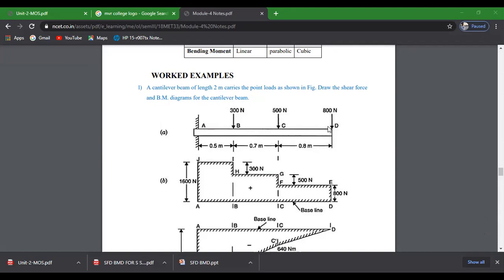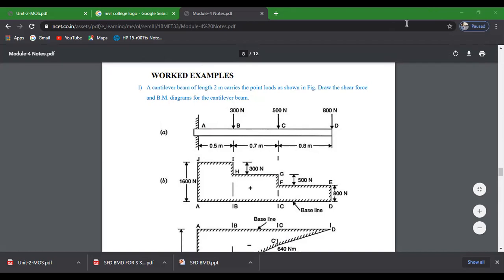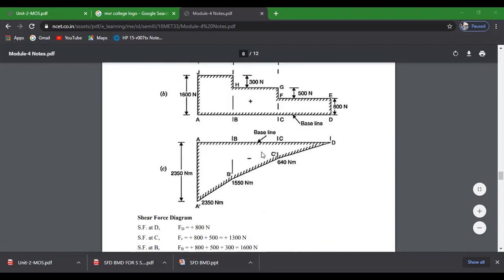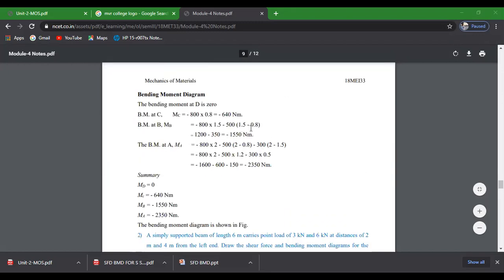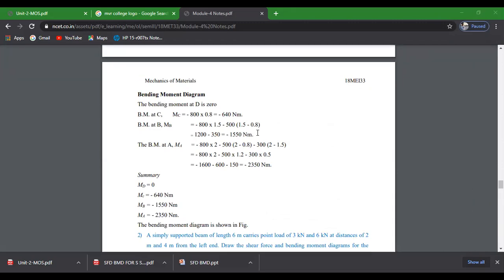And the bending moment due to the 500 newtons will be 500 newtons multiplied by 0.7 meters, or 1.5 minus 0.8. The value will be minus 1550 newton meter.